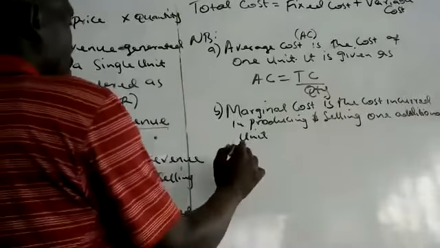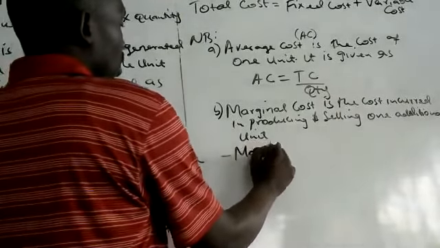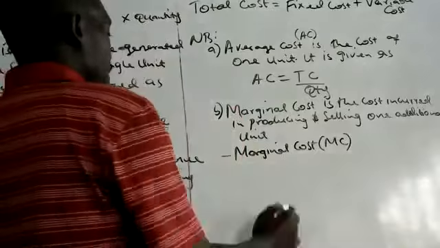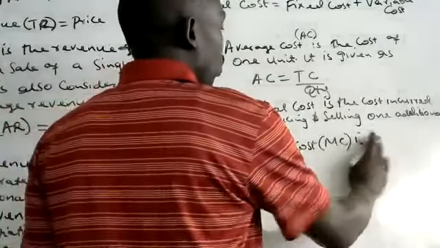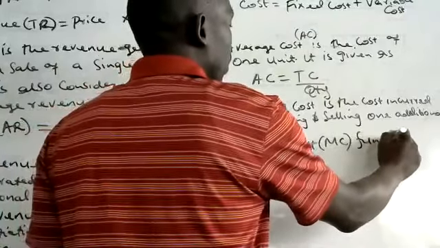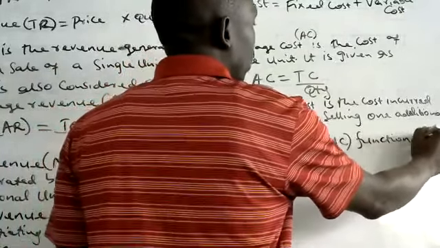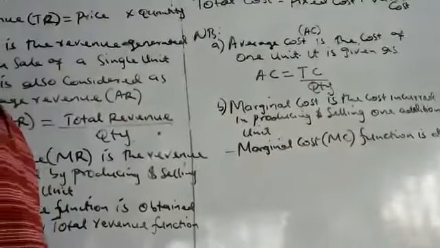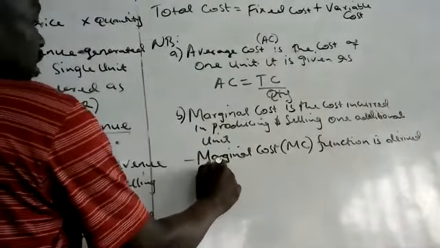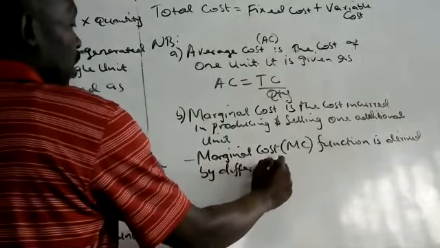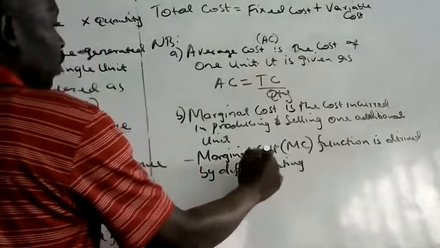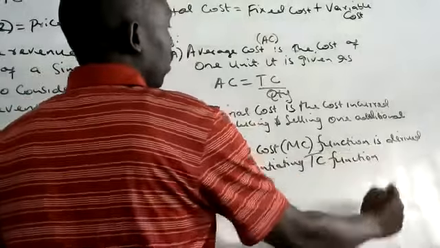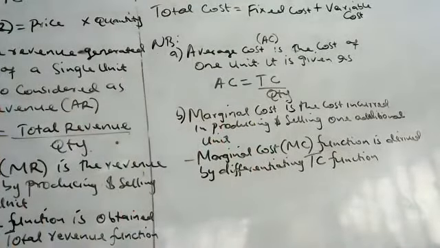Marginal cost, normally denoted as MC, the function is derived by differentiating the total cost function.